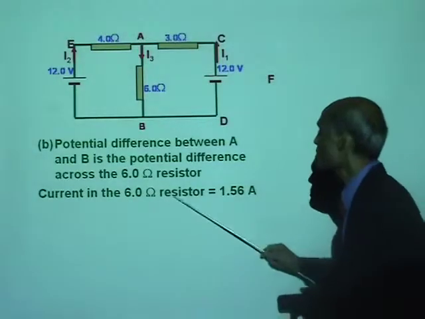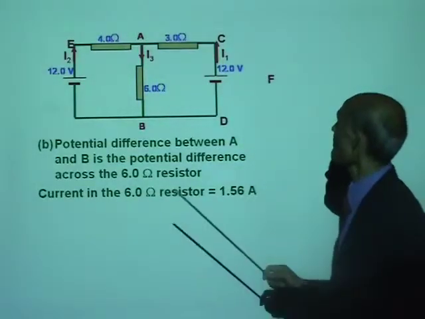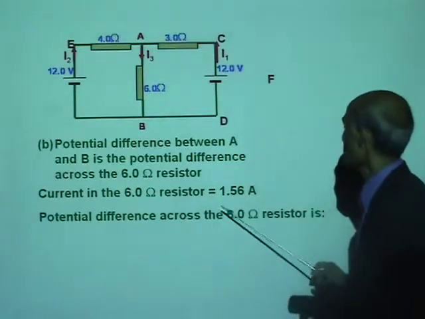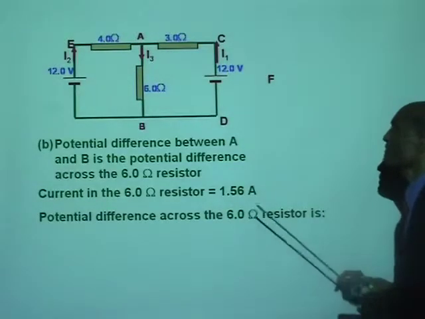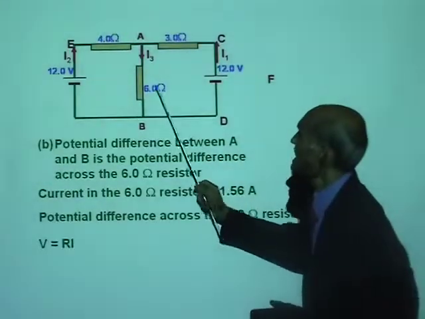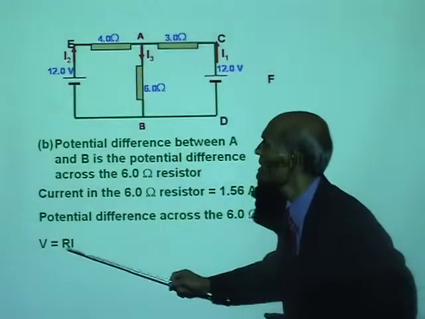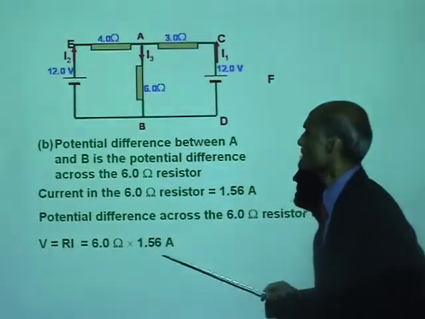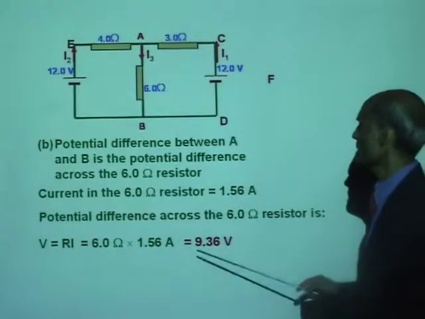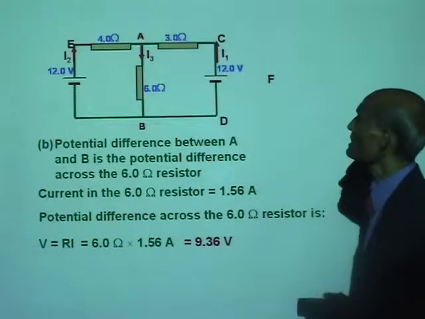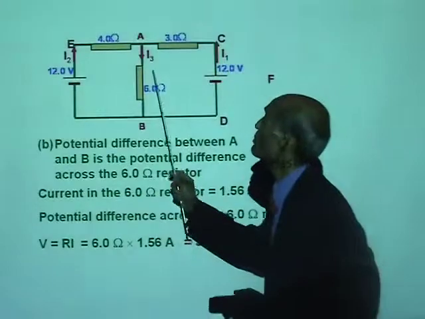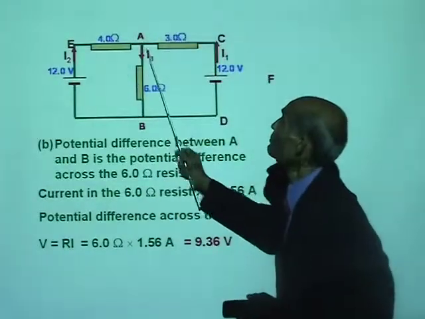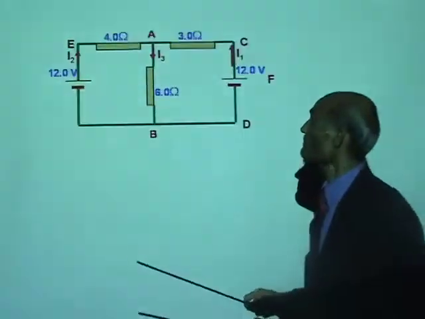So the current in the 6 ohm is 1.56 ampere. So the potential drop across that 6 ohm is 6 times I3. V equal to Ri. That is 6 ohm times 1.56 ampere. That is 9.36 volt is the potential drop across the points AB.